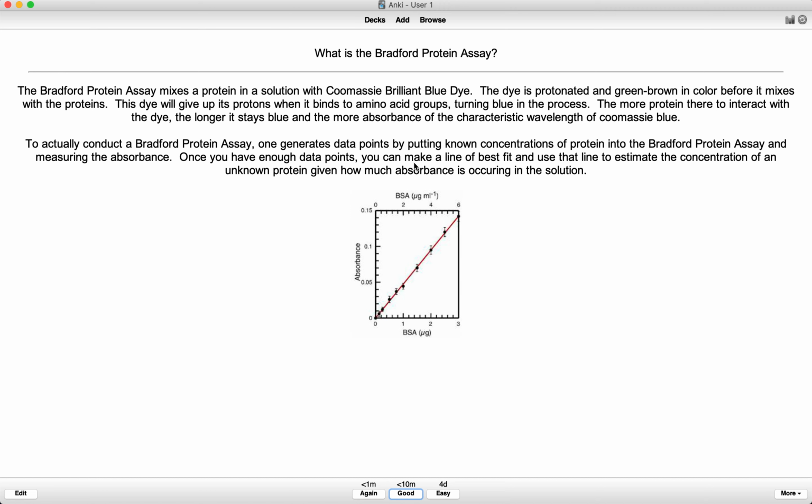So more protein correlates with more blue. When mixing protein with the blue dye, the more protein there is, the more it interacts with the dye and stays blue, and the greater the absorbance, at a wavelength similar to blue. Okay, kind of get it.